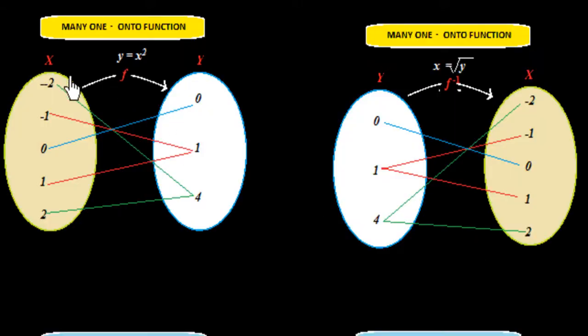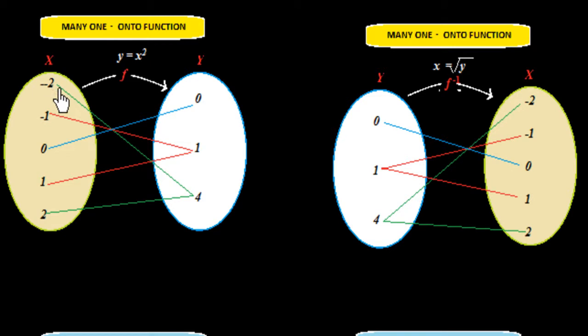Now I would like to explain the many-one function. We look at here, this is our domain x, this is our codomain. So there is a function y is equal to x square, and the domain of this function is minus 2, minus 1, 0, 1 and 2. If we put these values instead of x, we get the square of minus 2 is 4, minus 1 square is 1, 0 square is 0, 1 square is 1 and 2 square is 4.